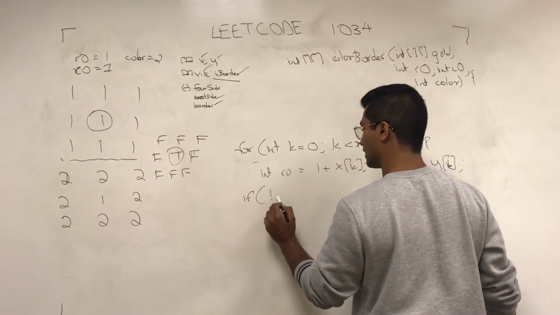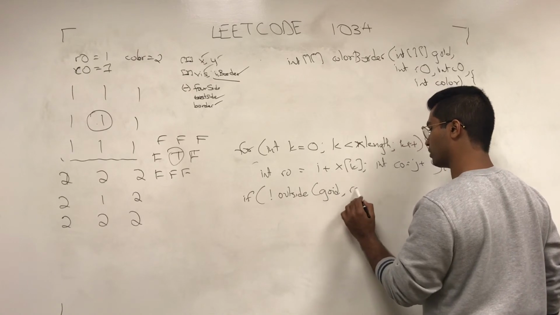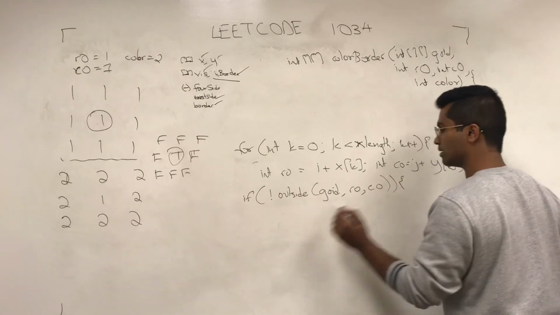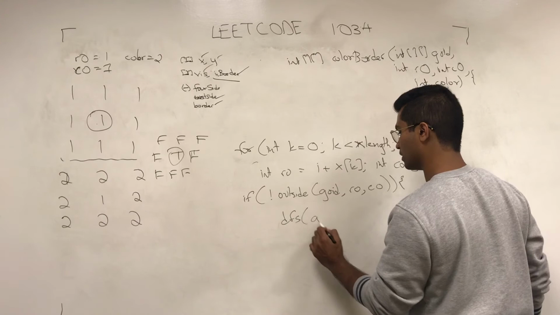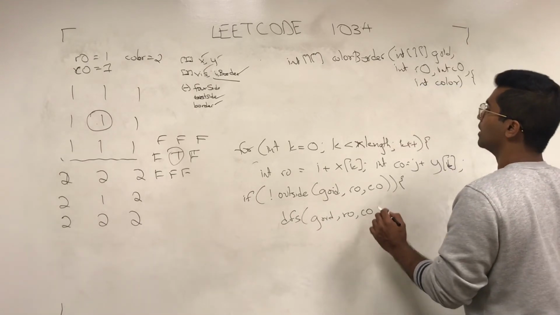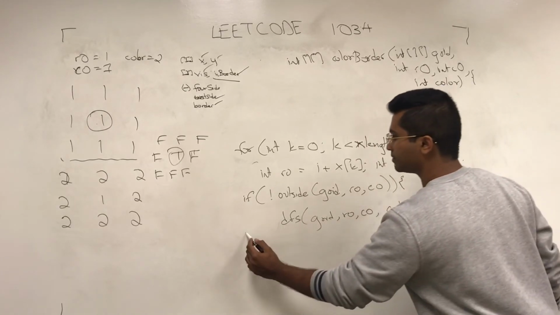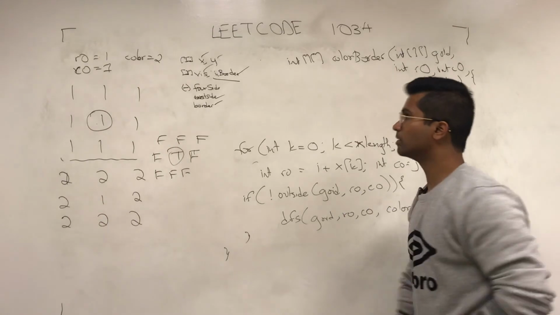If it's not outside the grid for coordinate row and co, then we recursively call for grid, row, co, color, and ori. That's the if, that's the for loop.